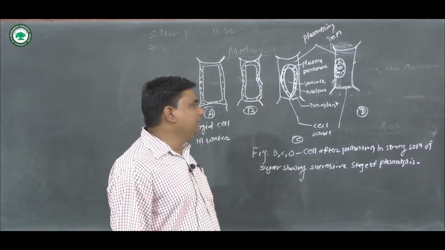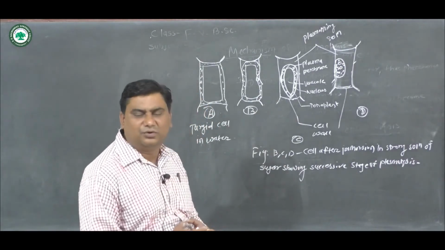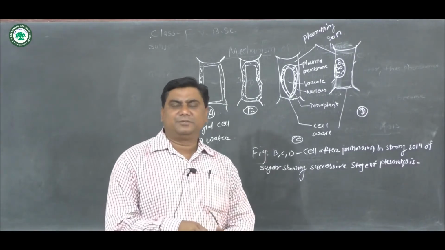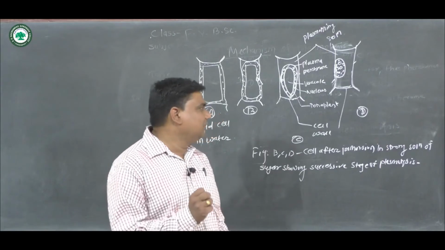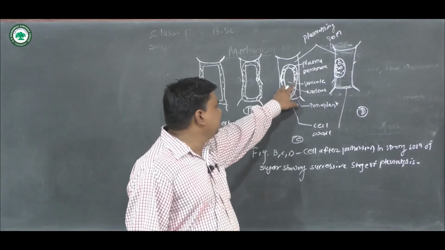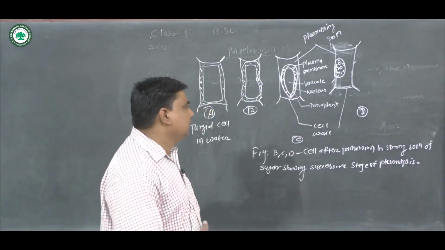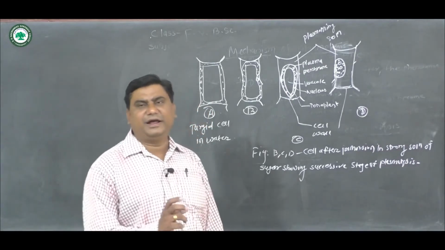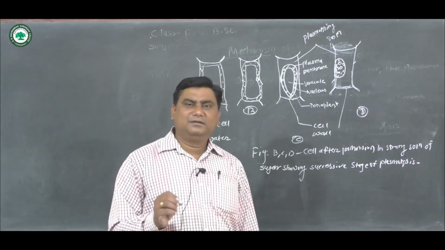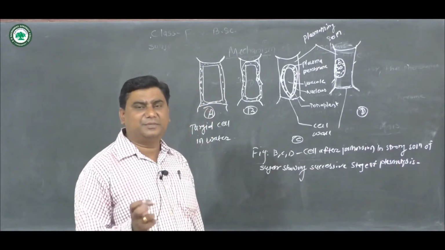The plasma membrane turns completely away from the cell wall and keeps contracting. This continuous contracting of the plasma membrane is called evident plasmolysis.